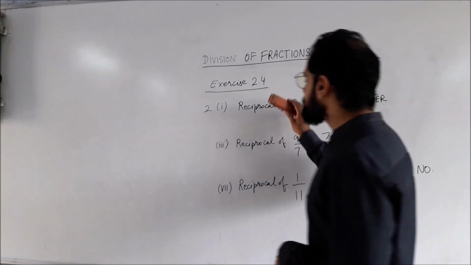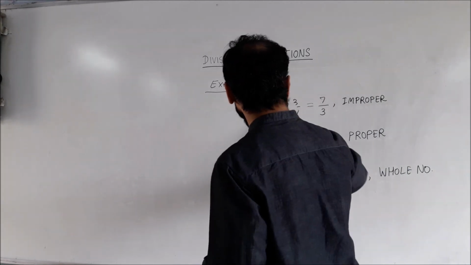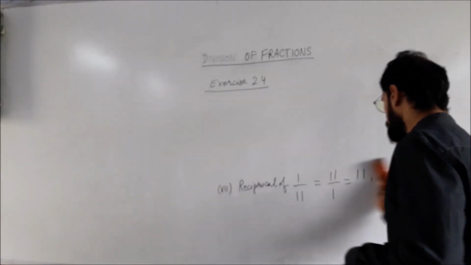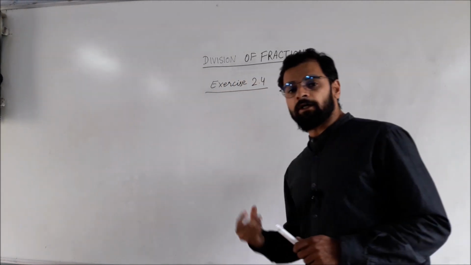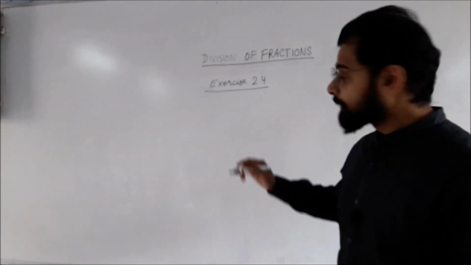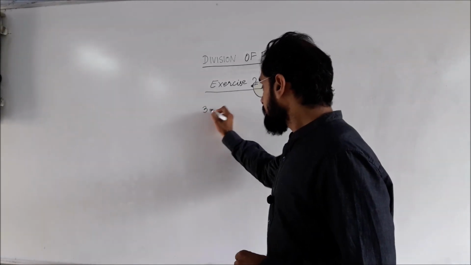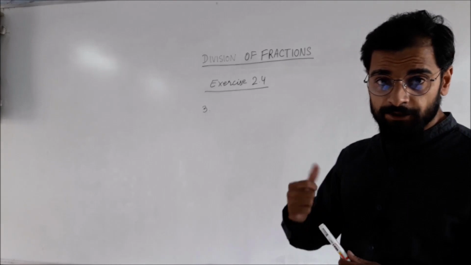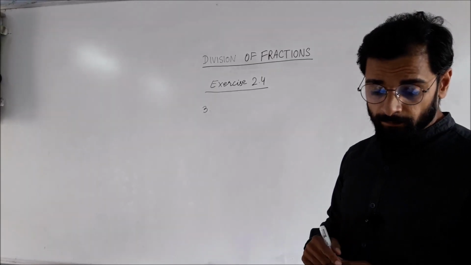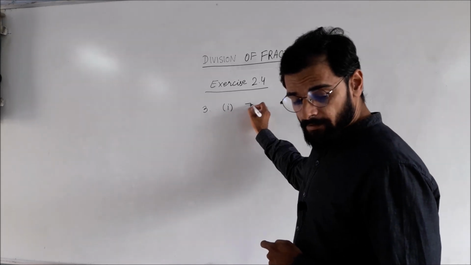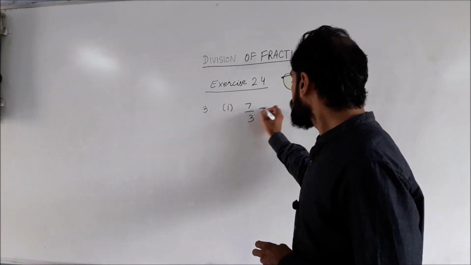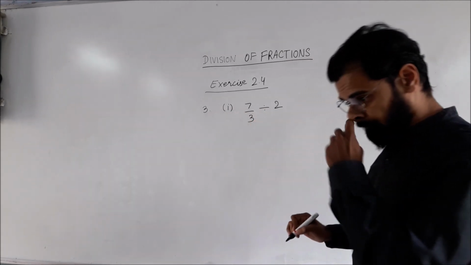Moving on to the third question of this exercise, in which some fractions are given which are to be divided by some whole numbers. That is exactly the reverse of what we have done in question number 1. In question number 3, the first part is we have to divide 7/3 by the whole number 2.